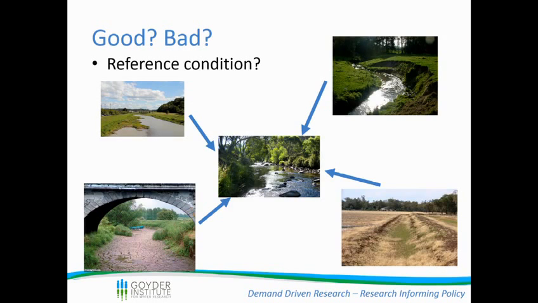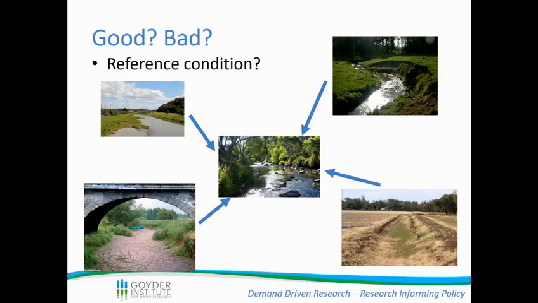When you think about what's good or bad, one of the first things that comes to mind is, well, I reckon that looks pretty good, so that's good. And all these look pretty bad, so therefore they're bad. That reference condition approach is sort of an older style approach that we didn't really want to be using for the development of this risk assessment.